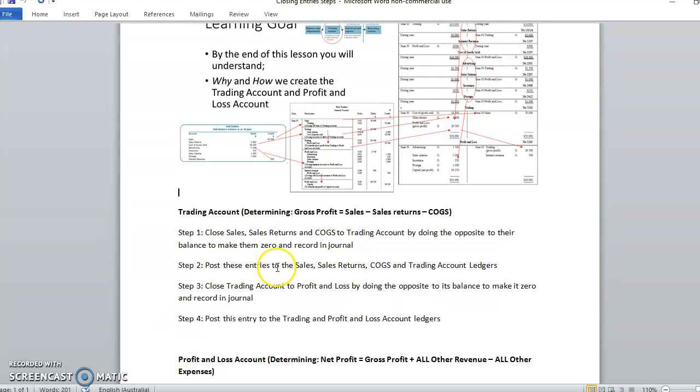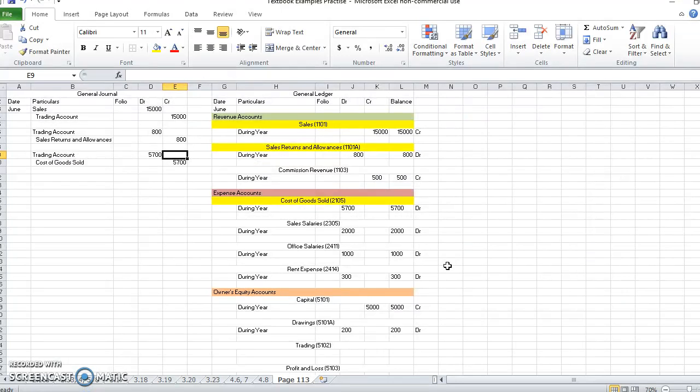Now we post these entries to the sales, sales returns, and cost of goods sold accounts. So we have sales 15,000. We posted that to the trading account, and we debited sales for 15,000. The debit of 15,000 equals the previous balance. If it's a credit, we minus the debits, and you get 0.